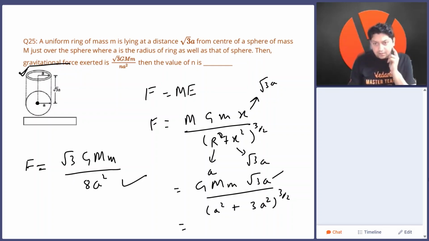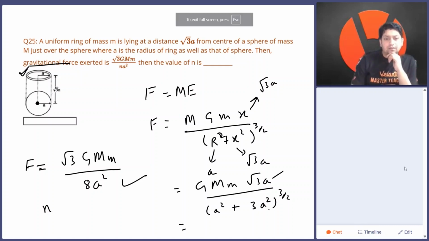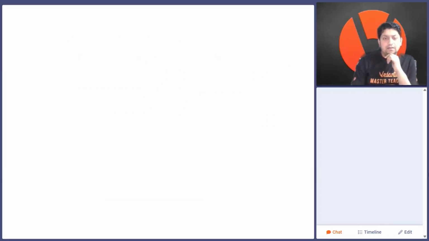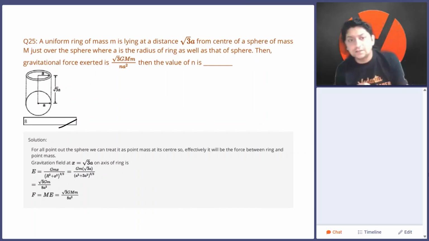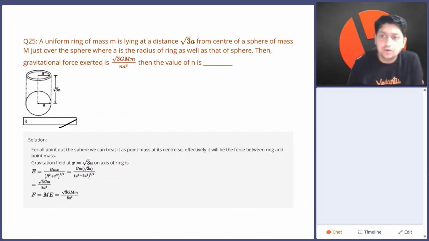This a and one a from the denominator will be cancelled out. So we need to figure out the value of n. N will be nothing but 8. So 8 will be the correct answer. Yes, 8 is the correct answer. So this is how you solve such type of questions.